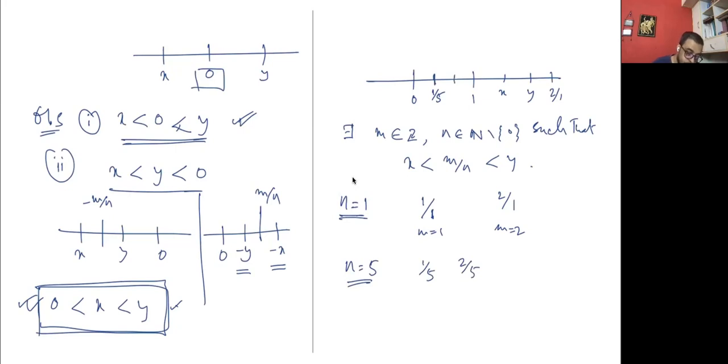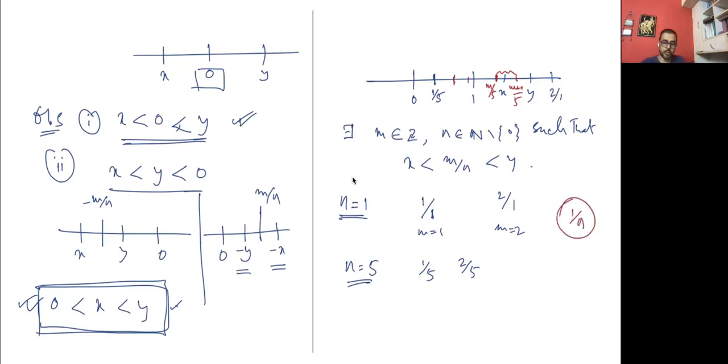3 by 5, etc., etc. So at some stage you will be close to x, and then in order that you don't jump over the whole interval and land on the other side, you will need some restriction on 1 over n, right?